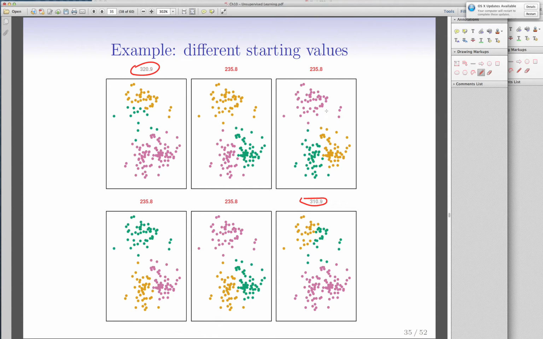Forget about the colors; they're just representation. For example, here is gold, and here the gold is just pink. So they're the same categorization. These 4 cases ended up with 235.8. So this is my global optimum, these 4. These 2 were just local optima.